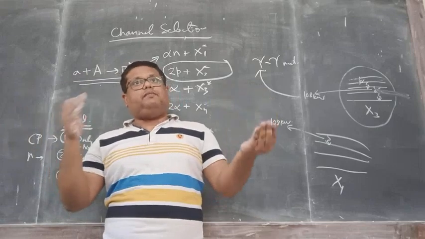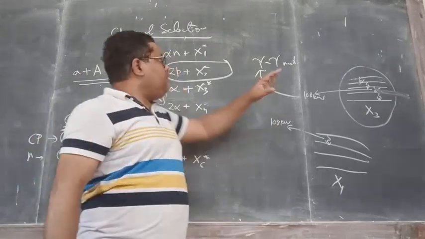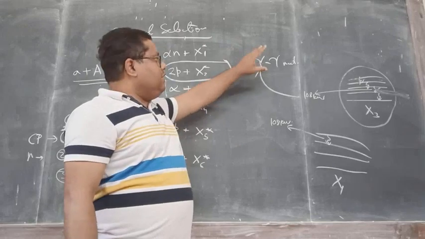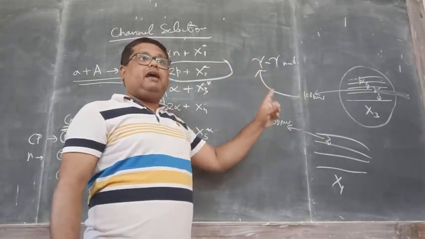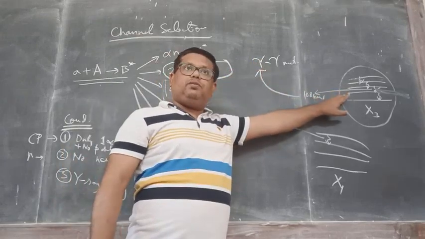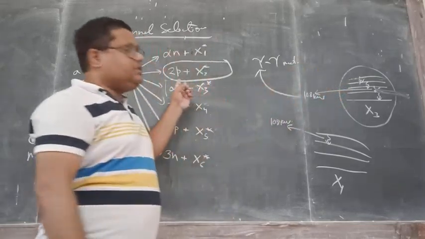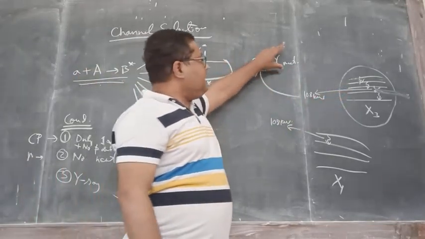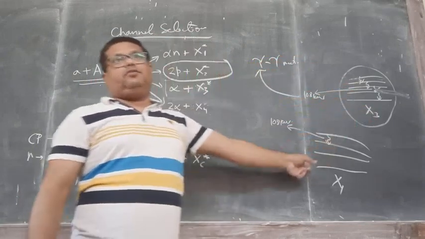If I put a gate on 108 keV, I will get only gamma rays in coincidence with it. If my entire selection is good enough, the other gamma rays will belong to X3 only and not to X1.